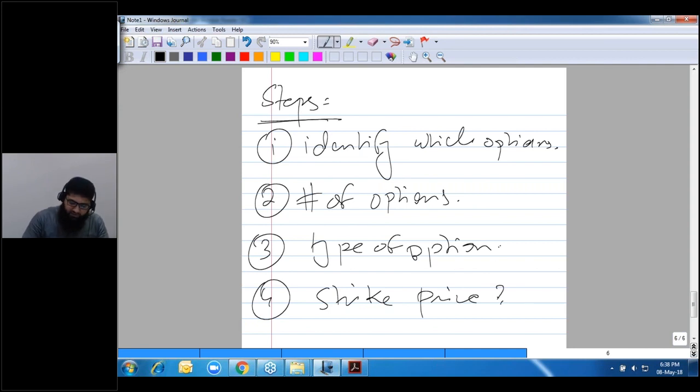Tasnua is asking why we need to calculate the futures before we go for options. I'm just going to explain, just wait for a while. Can you please copy this so that I can move forward?